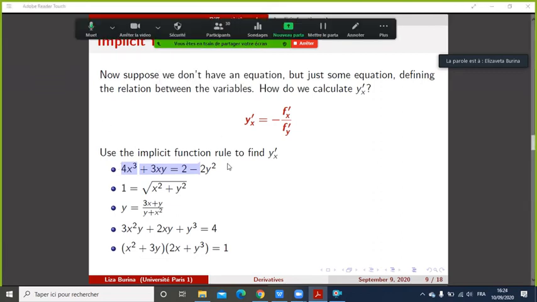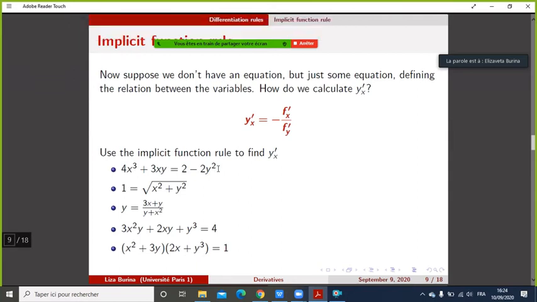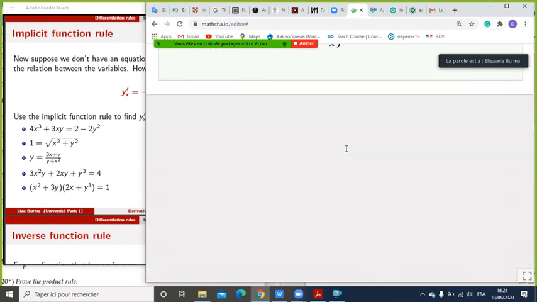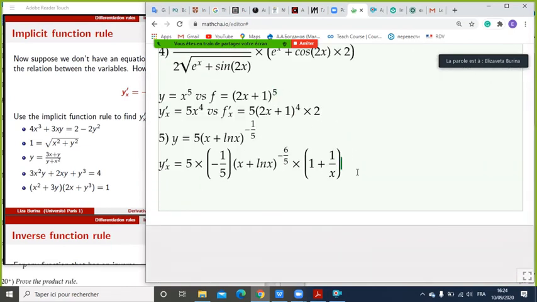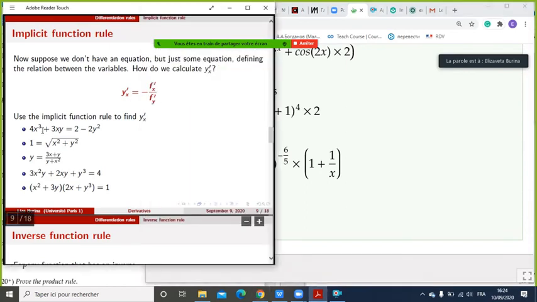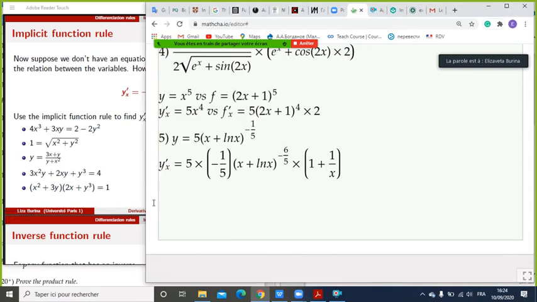But first of all, it's not that easy here. So let's see why the implicit function rule works. I'm going to show you one example, because I could just ask you to use the implicit function rule to find y prime x, and do this all the time. But let's see why it works.